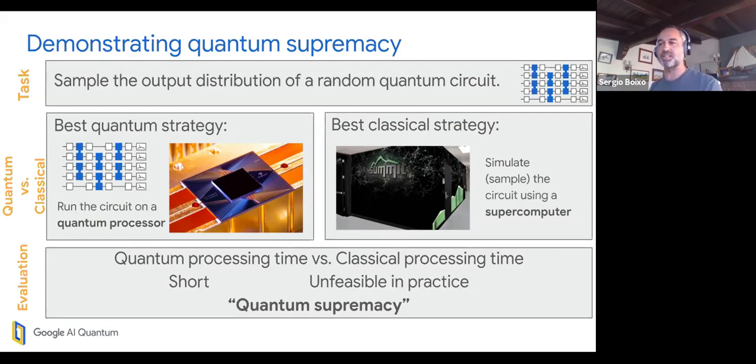The quantum processing time is always going to be short by design, because we can collect 1 million samples in around 200 seconds in superconducting qubits. But when the classical processing time becomes unfeasible in practice, that is when we decide we have achieved our goal.